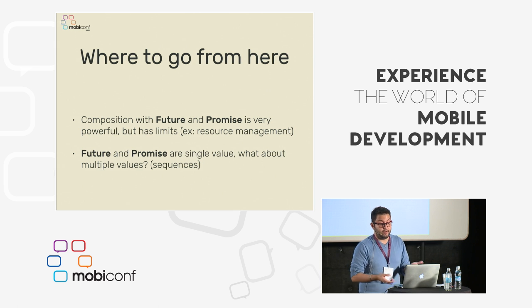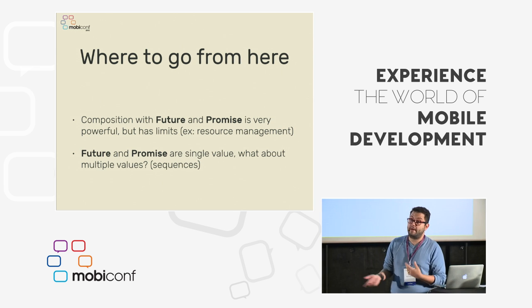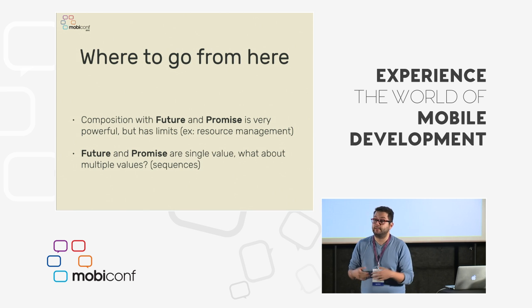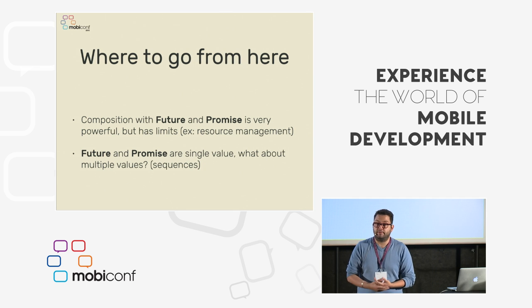Where to go from here? Futures and promises are a very good way to manage a very simple task, like I showed before: if you write and press convert, you have a result. But if I want a live result, what will happen with futures and promises?